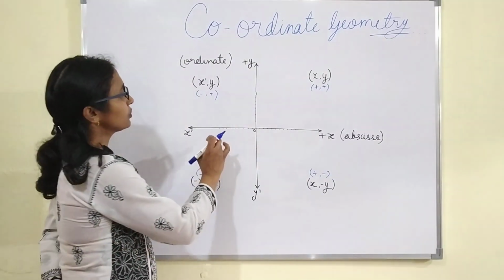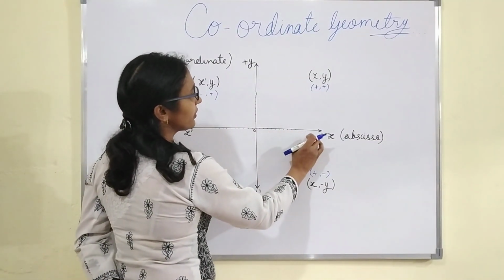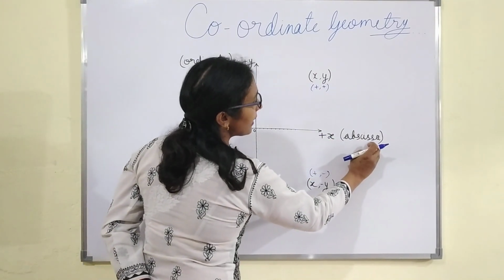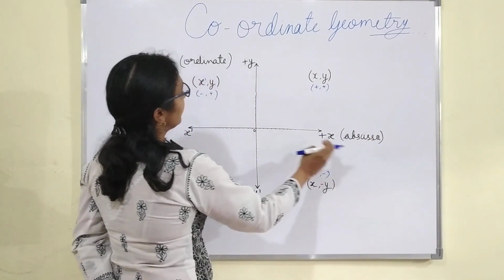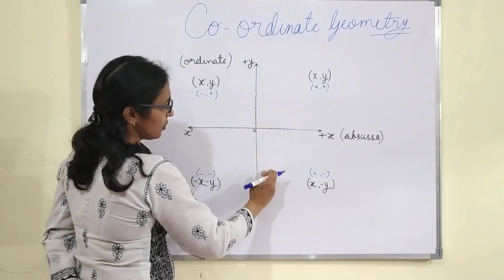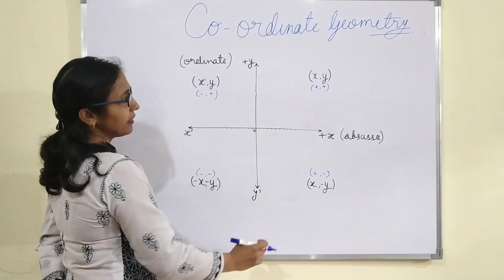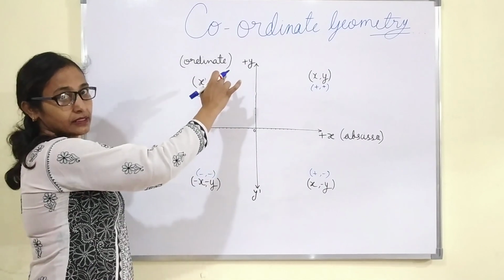The numbers represented on the x-axis are called abscissa, and the numbers represented on the y-axis are called ordinates.